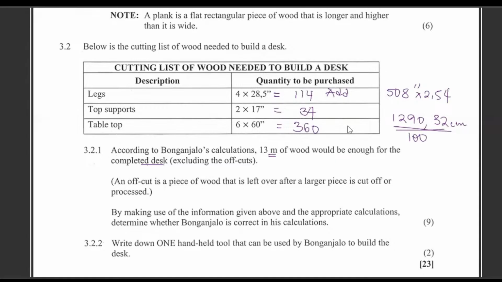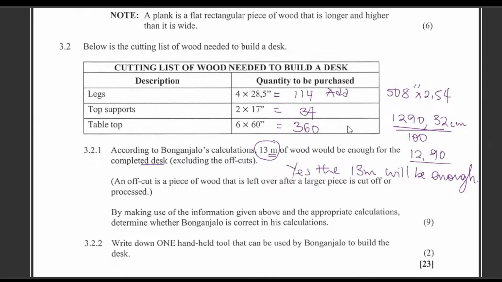We want meters. Why meters? Because what we are comparing is meters. Then when you divide this by 100, the answer becomes 12.90. And indeed, the statement is valid. Yes, 13 meters will be enough.